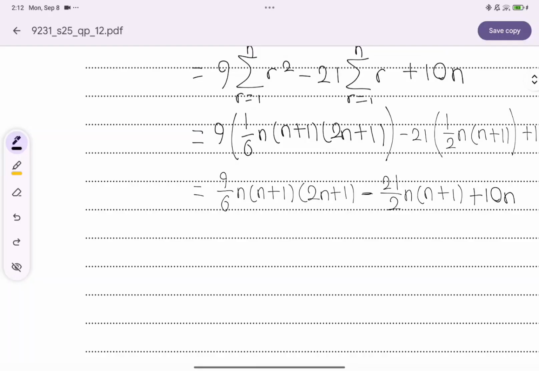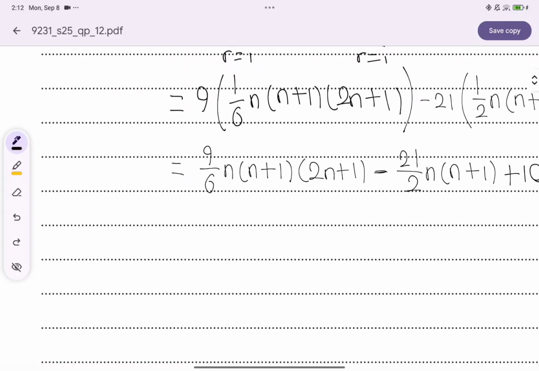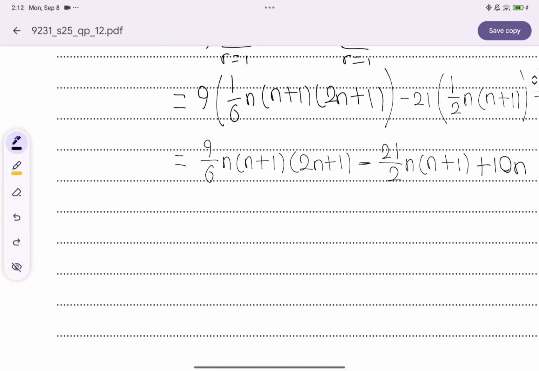Okay, so from here what we should do is to look for any common factors that we can factor out from all three of these terms that we have obtained. So as we can see, all the terms have n, so we can factor out n, and in order to make each term into a whole number, we're also going to factor out half, because 9 over 6, when you simplify, you'll get 3 over 2.